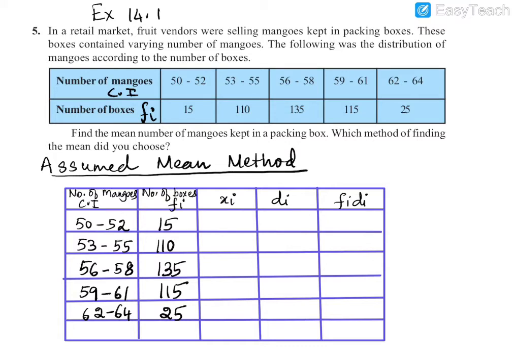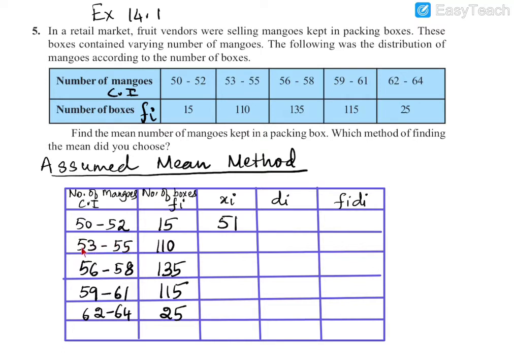For assumed mean method, we will need 5 columns. In the first column, we will write class intervals. In the second column, we will write the frequencies, that is the number of boxes. In the third column, we will write class marks, that is xi. So the class mark for the first class interval 50 to 52 is 51.